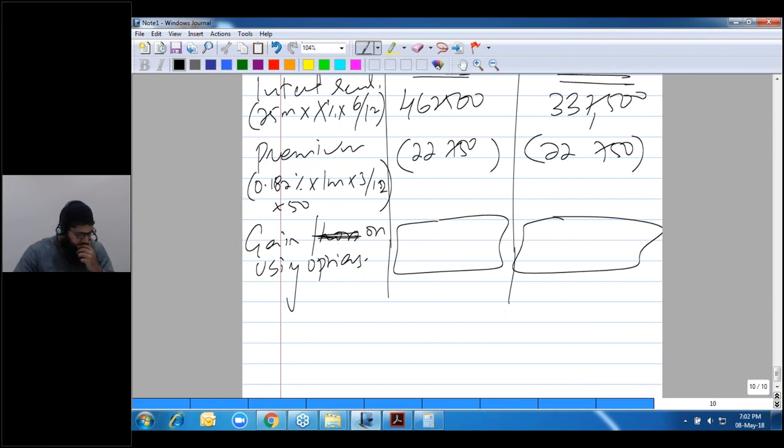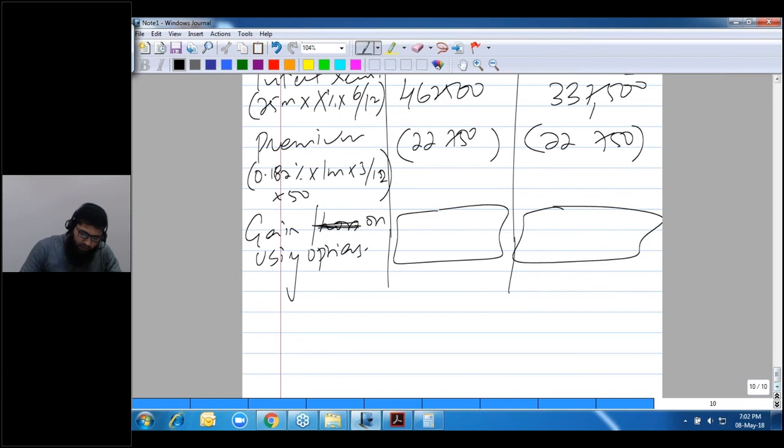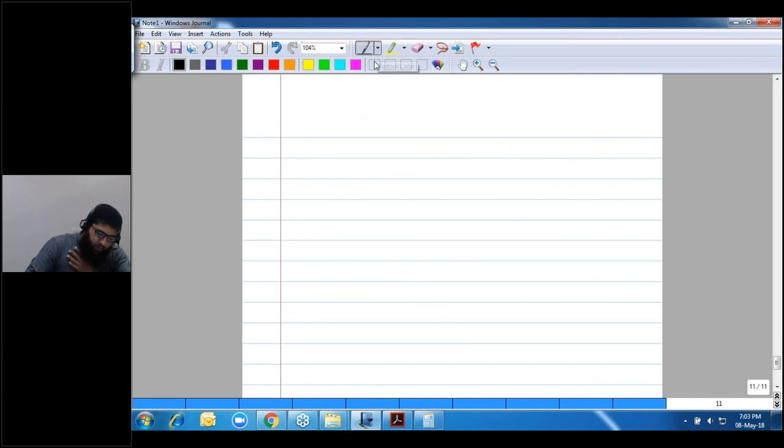Now, how would we get to know the gain on the options? Everybody gets it, there is no loss, there is only going to be gain. You would have to perform the calculations, but I am going to skip the calculation. I would use the examiner's answer to see the amount.